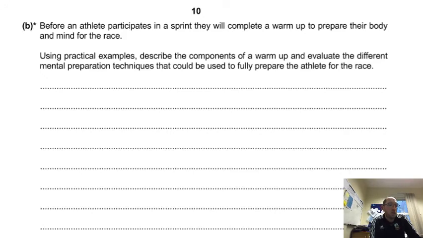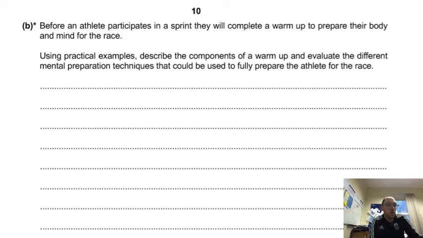Most responses listed some of the components of a warm-up and gave suitable examples. They also named at least 1 mental preparation technique and attempted to make some form of evaluation of that technique that would benefit the sprinter. The best responses show evidence of planning so that a logical, well-presented answer was produced.